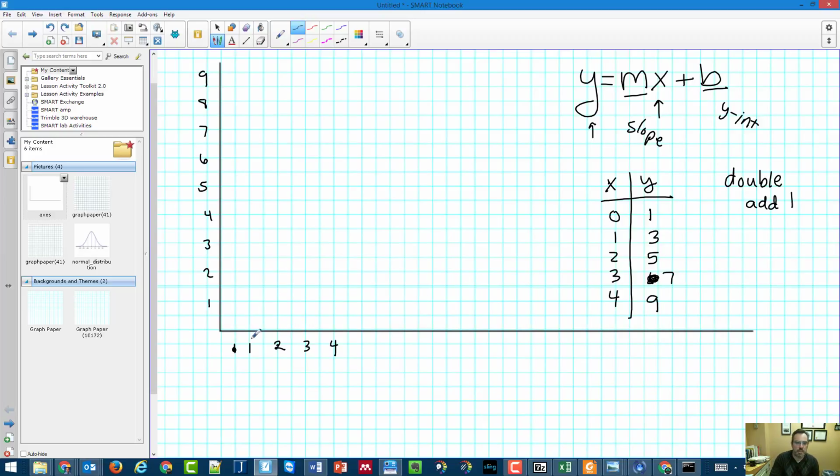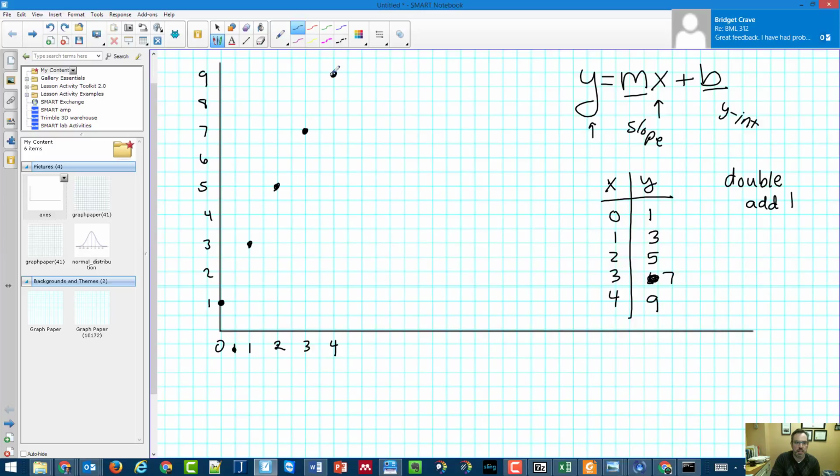So for each one of these, at 0, I have the 0.1. At 1, I have the 0.3. At 2, I have the 0.5. 3, I have the 0.7. And 4, I have the 0.9.